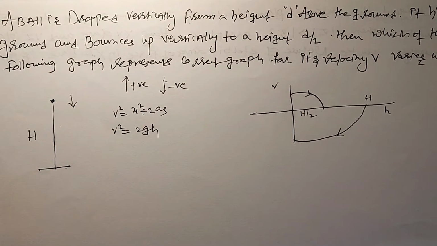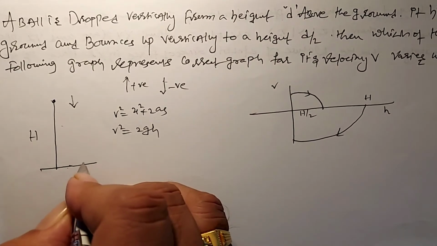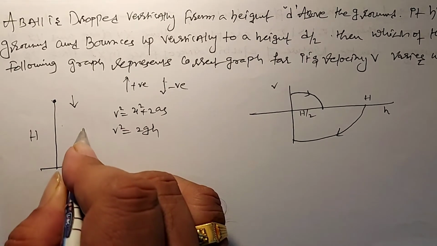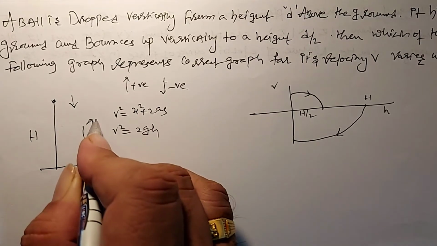Now, when the ball reaches the ground and rebounds to a height h/2, its velocity again becomes positive.